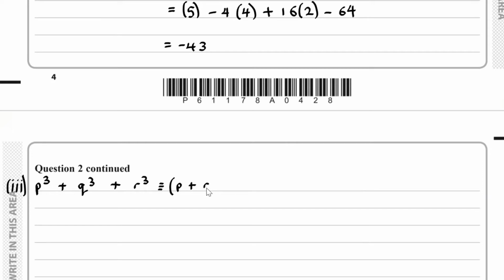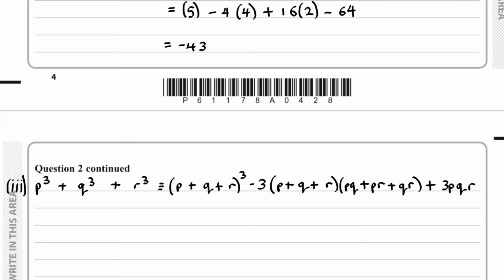That's the same as p plus q plus r cubed minus 3 lots of p plus q plus r lots of pq plus pr plus qr, plus 3pqr.